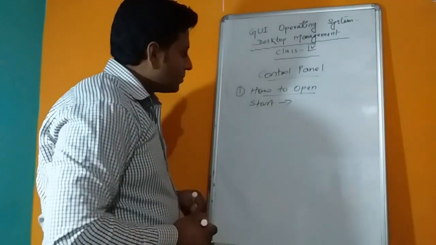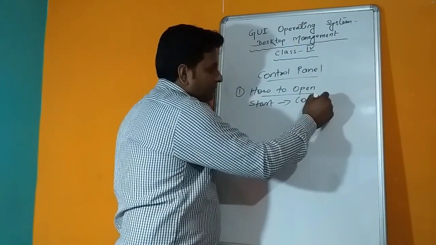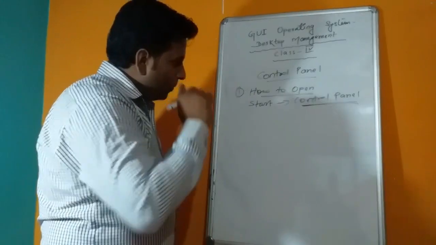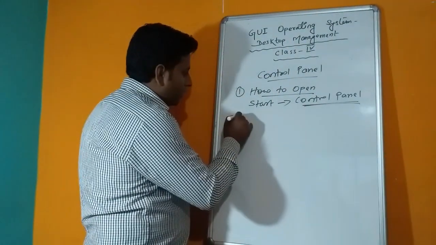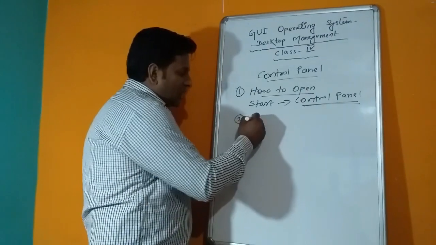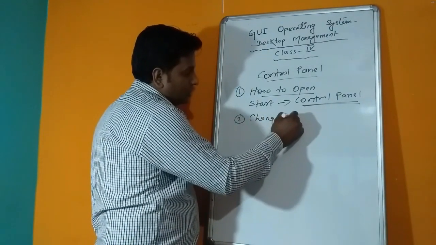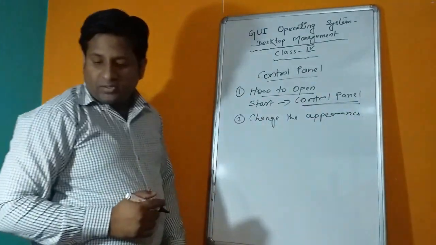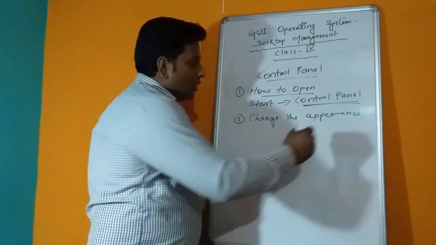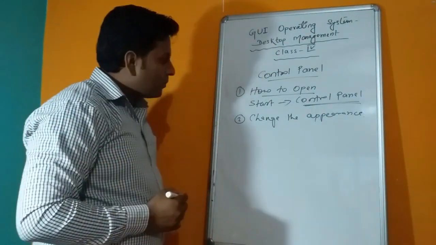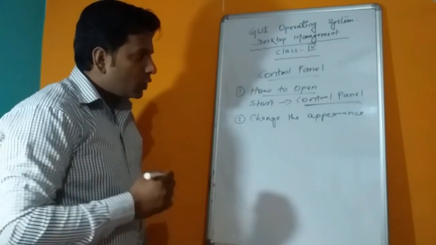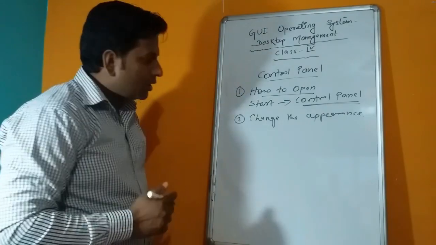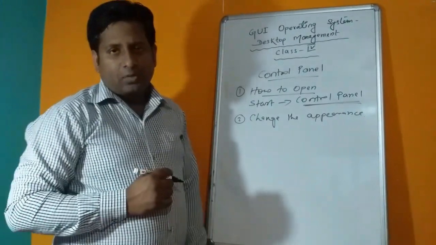Once you click on the start button, you get the control panel option. Then you can change the appearance of the control panel. For that, you open the control panel first, and then click on personalization options.